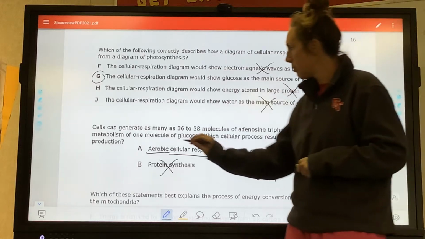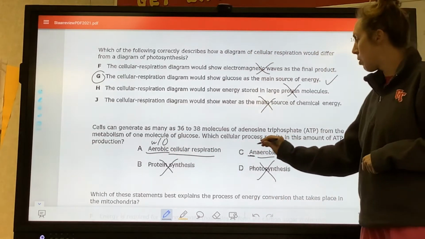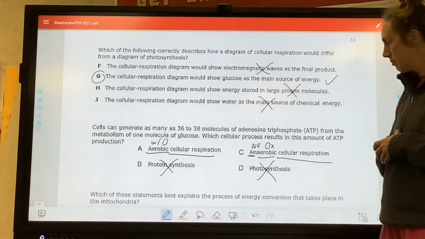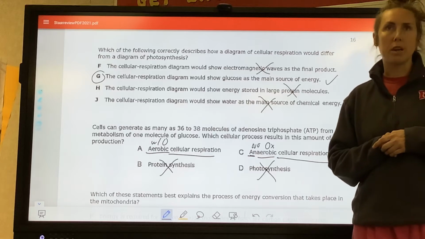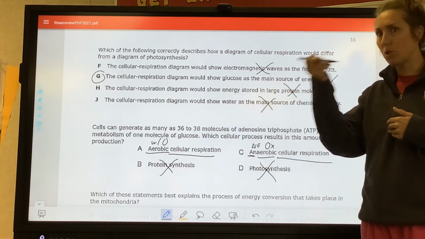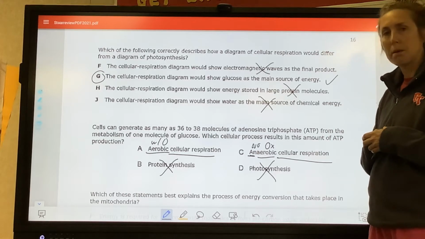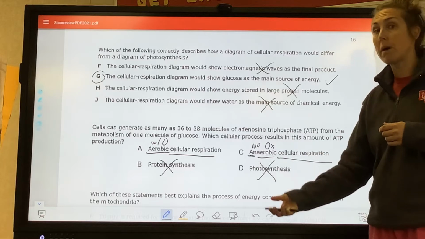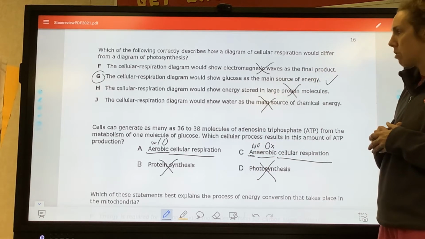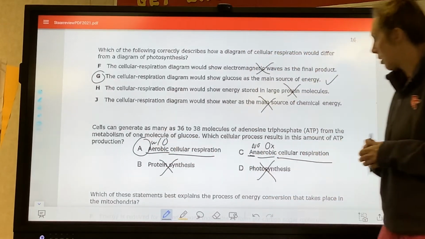So aerobic means with oxygen, and anaerobic means no oxygen. Cellular respiration, animals, needs oxygen, needs glucose. So to get the most amount of ATP possible, you need the most amount of glucose and the most amount of oxygen. So what gives you the most amount of things? With your oxygen, okay?